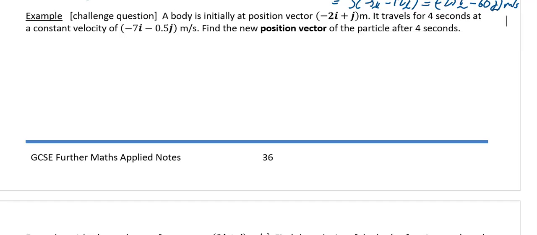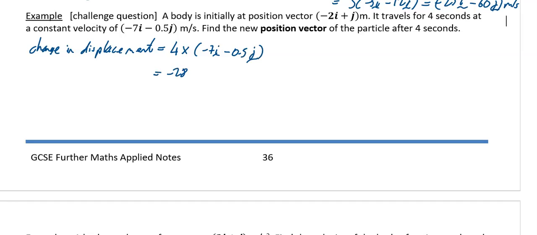First of all, change in displacement equals, so I traveled for 4 seconds and my velocity was minus 7i minus 0.5j. If you do that, what you'll get is minus 28i minus 2j.